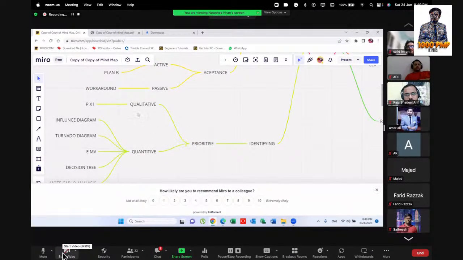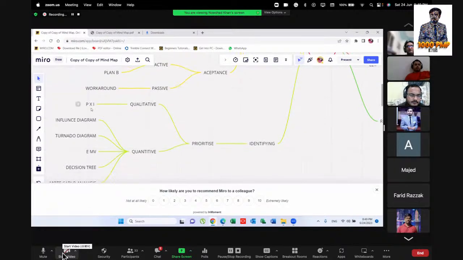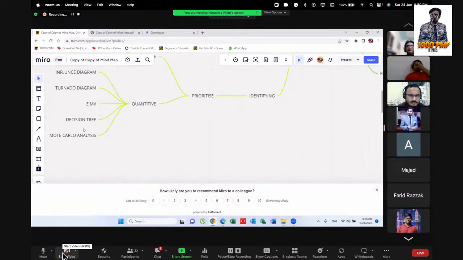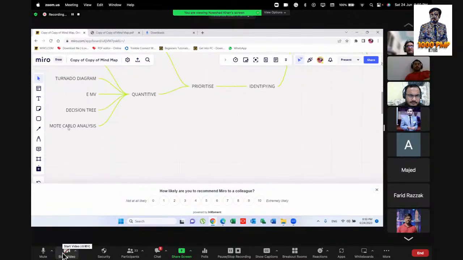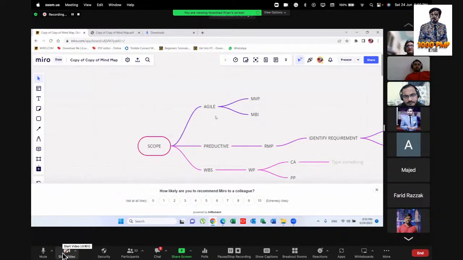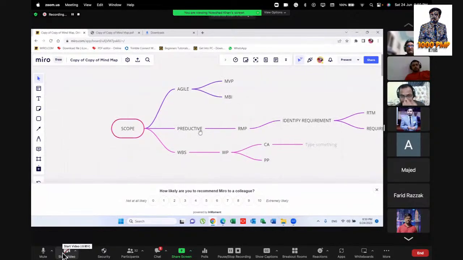prioritize the risk, qualitative and quantitative. Qualitative is impact into probability, and quantitative we have influence diagram, tornado diagram, EMV, decision tree, Monte Carlo analysis. Then we have scope, where we have agile, and in agile we have MVP and MBI, and predictive we have RMP.